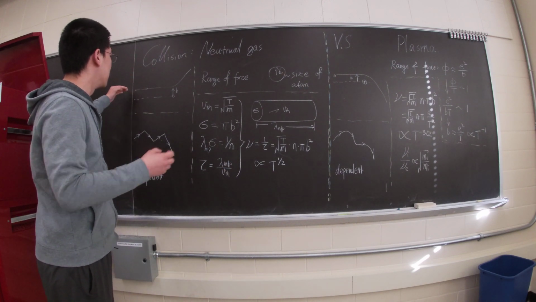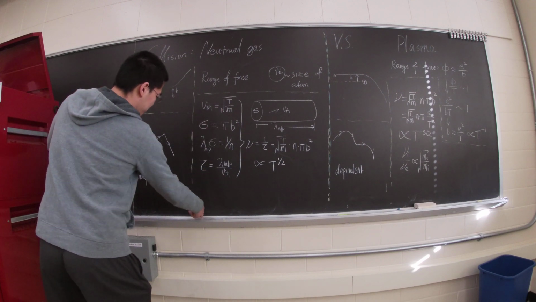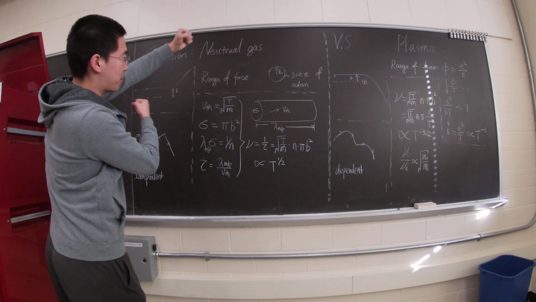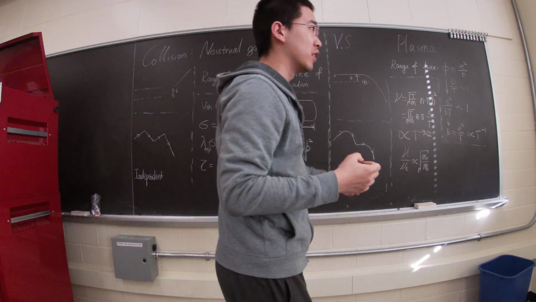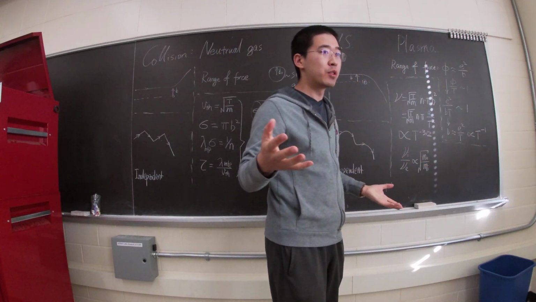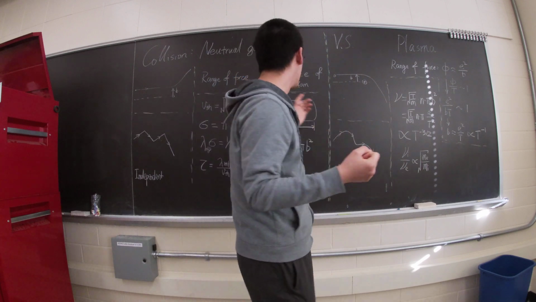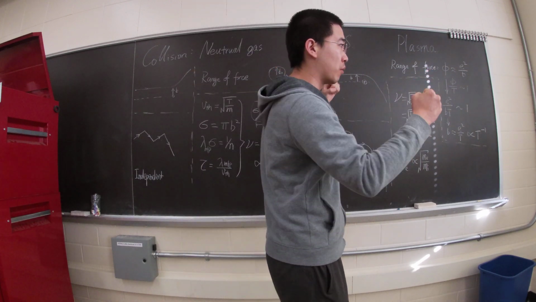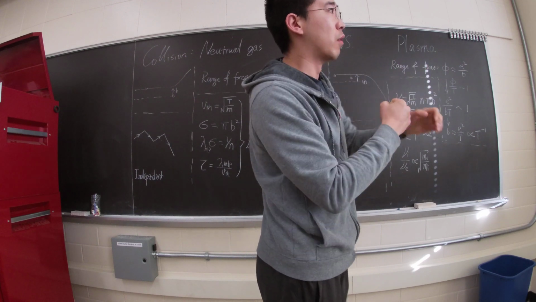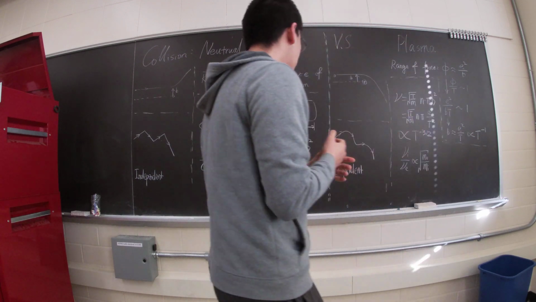So as you can see, if two balls hit each other, they will bounce out like this. On the other hand, for plasma, if you have an electron and another of the same charge, it will be like this because it's repulsive. But if it's an electron and an ion, then it will be attractive. So that's one of the differences.